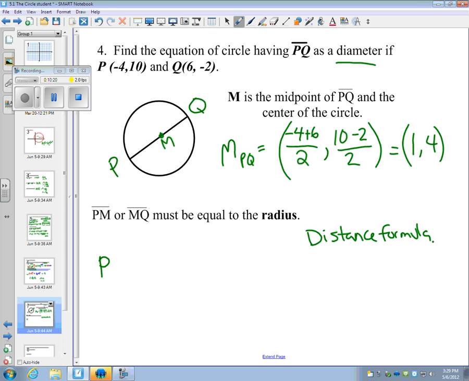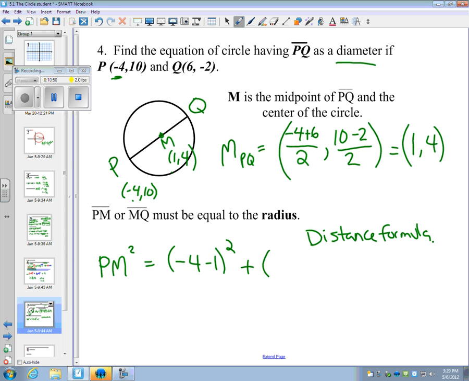So PM squared is equal to, we have -4 minus 1 squared. So where did that -4 come from? Because we're doing PM, this is -4 and 10, and this is 1 and 4. So we take our x values, we subtract them and square them.